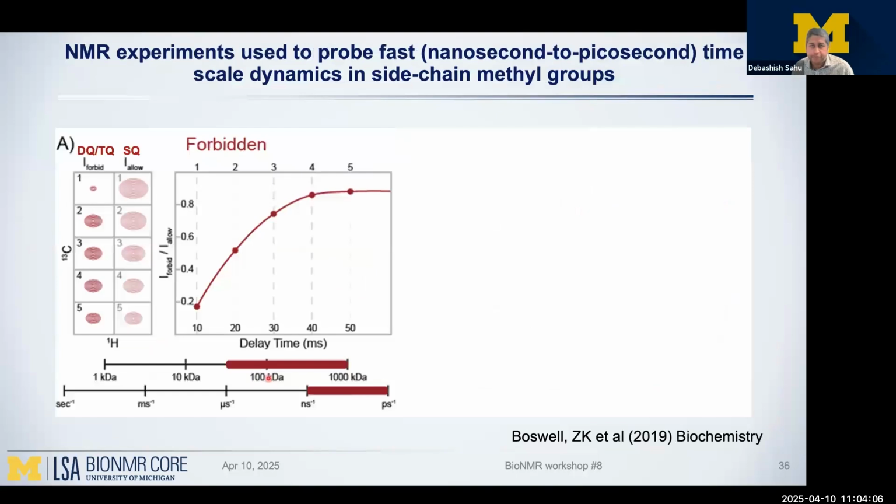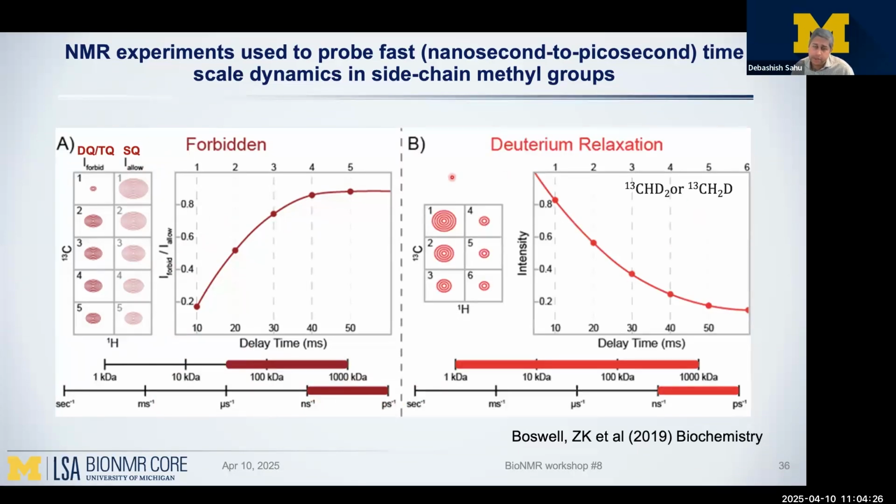Okay. The last thing in this bunch of experiments is a triple quantum term, which is in a forbidden state, and you have a single quantum term that's in an allowable state. You can allow the exchange between those, and that can give you information on the nanosecond to picosecond time scale. You can also do something called deuterium relaxation.